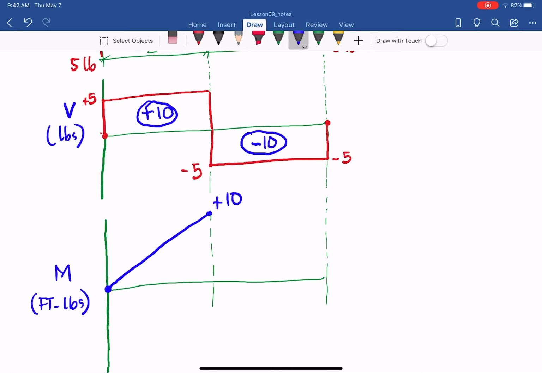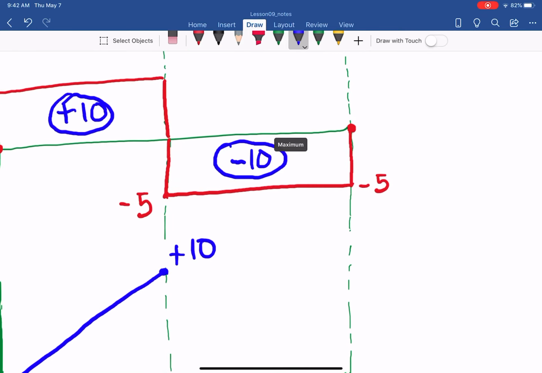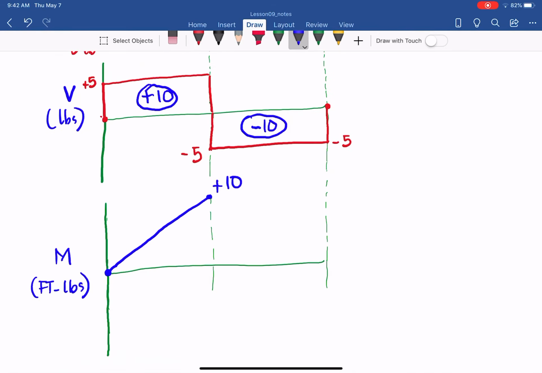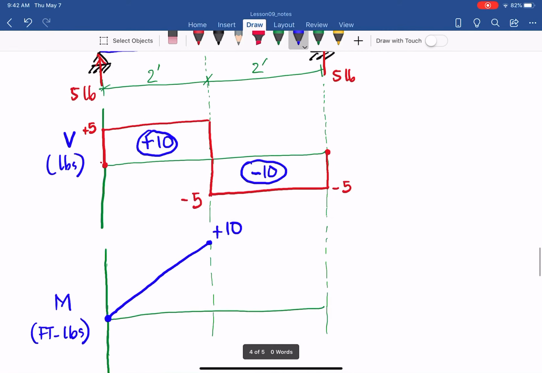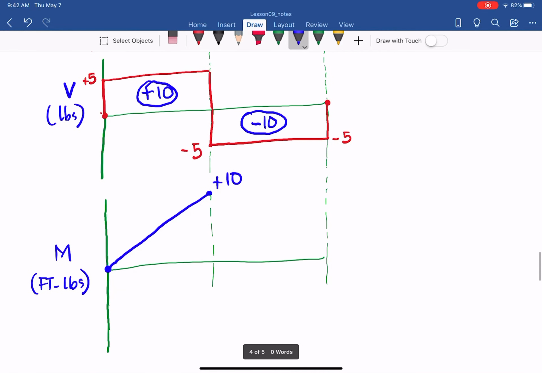And of course, the next one, the change from the middle to the right: the change in the moment diagram equals the area under the shear curve from the middle to the right, which is negative 10. So from positive 10, to go to here, it has to be negative 10, going to the right side, so plus 10 and negative 10 equals 0.